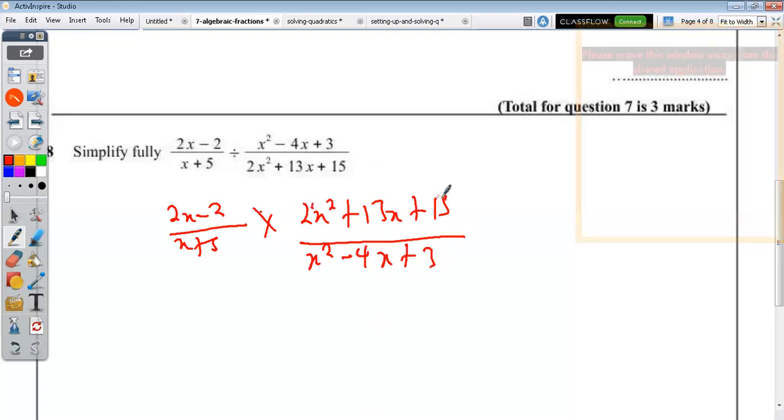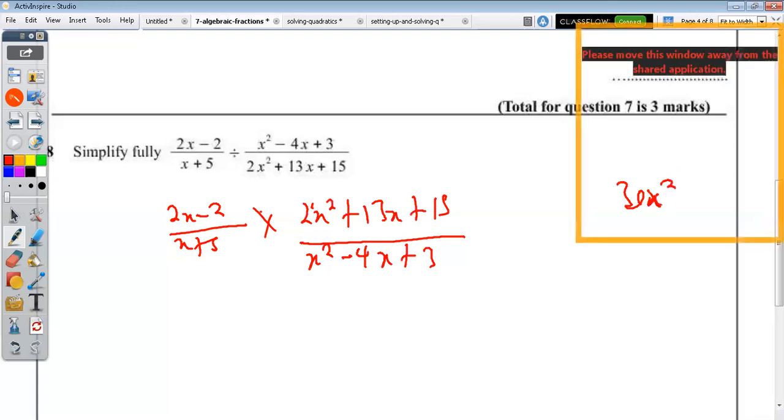Multiply the two to get 30x squared. To multiply you get 30, to add you get 13. So that's 10 and 3. So it means 2x squared plus 10x, the order does not matter, plus 3x plus 15.